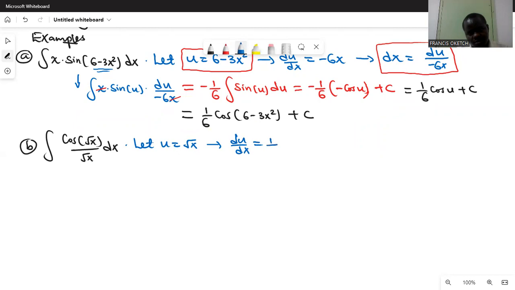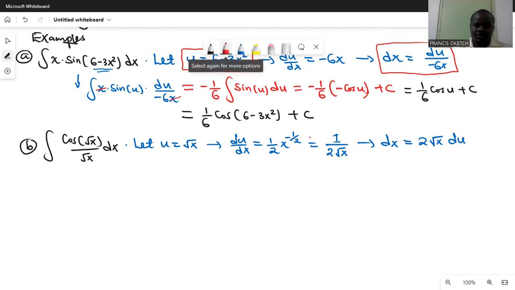This is the same as 1 over 2 times x raised to negative 1 over 2, which you can also write as 1 over 2 root x. So make dx the subject. So dx will be equal to 2 root x du.